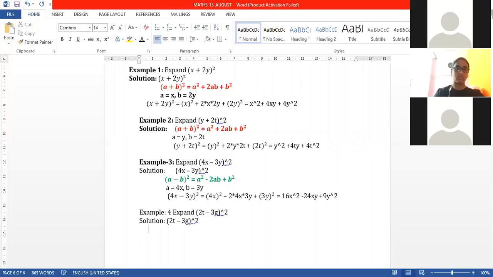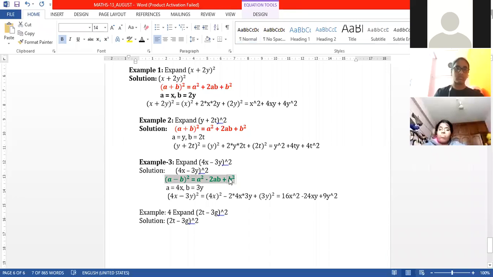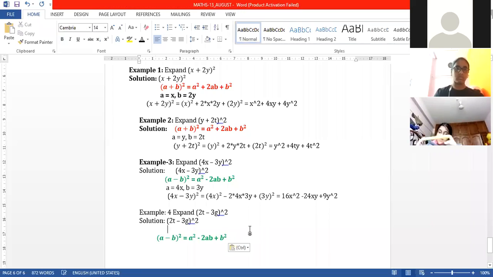In this we want to apply identity third. (a minus b) whole square is equal to a square minus 2ab plus b square.